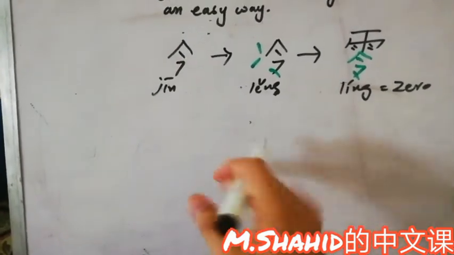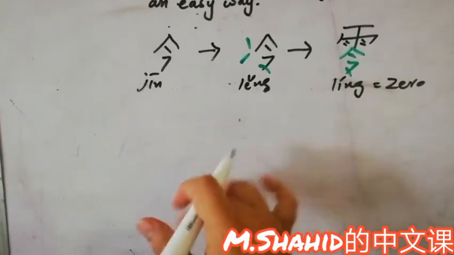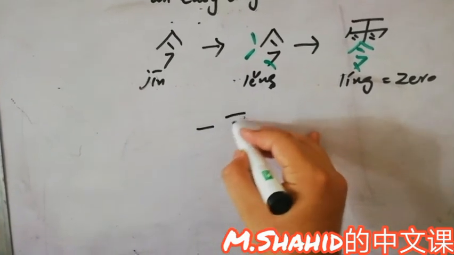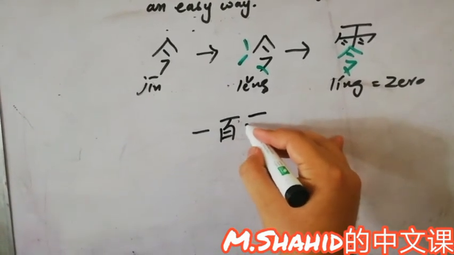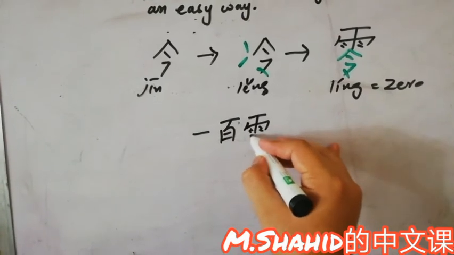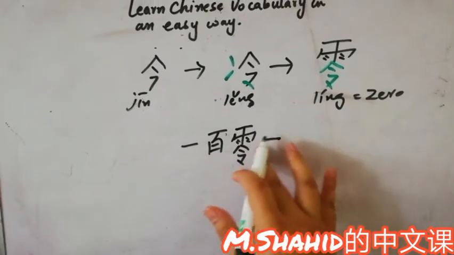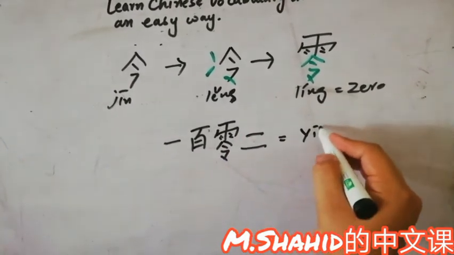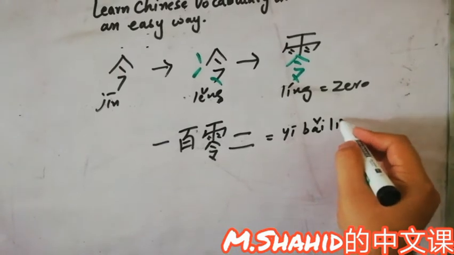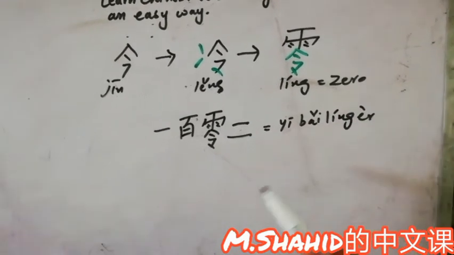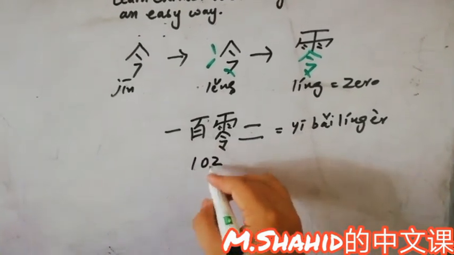We'll just try to write a number, for example, 102.